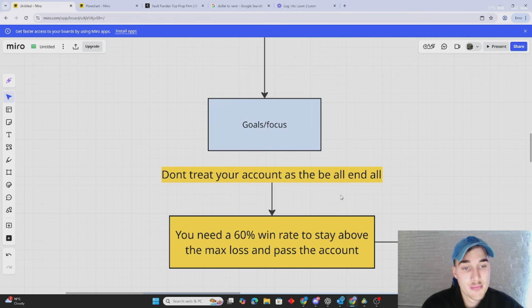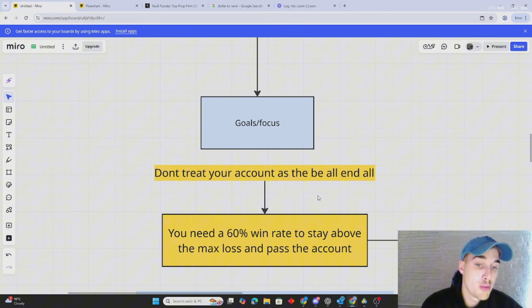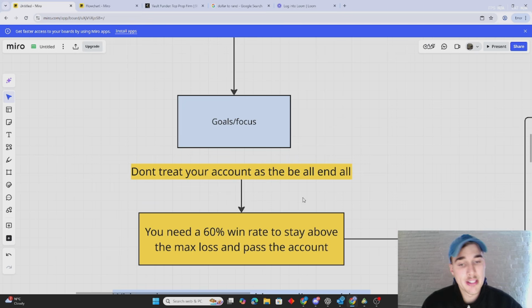Essentially, this is at a rate of 1 to 2% per trade. If you hit 1 to 3, your win percentage can be a little bit less, but I'm working off a 1 to 2, meaning risking 1% to make 2% in order to pass the account, at a reasonable rate. Keep in mind, if you win 6 times in a row you're an excellent trader, but if you don't, there's going to be losses in between.